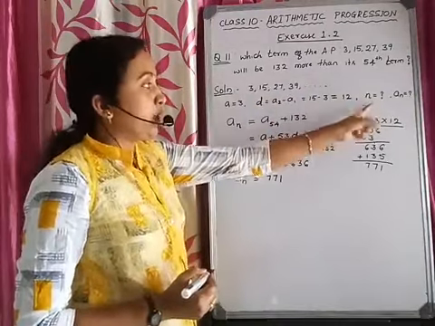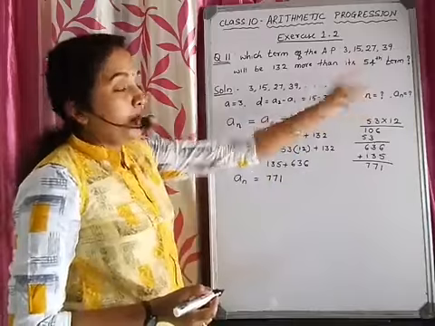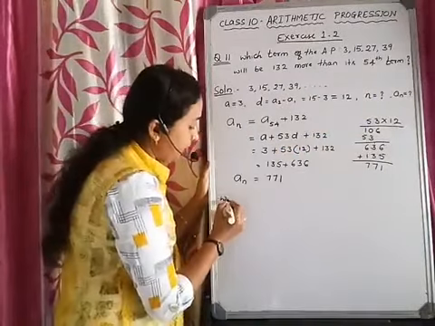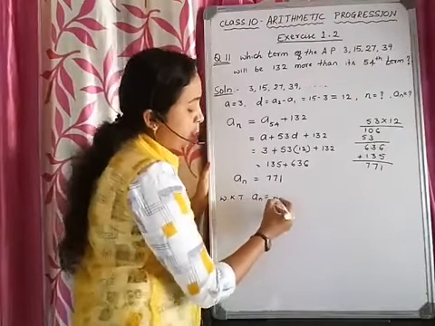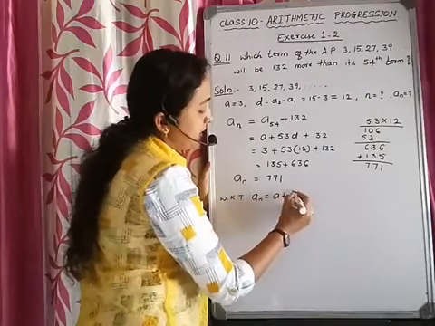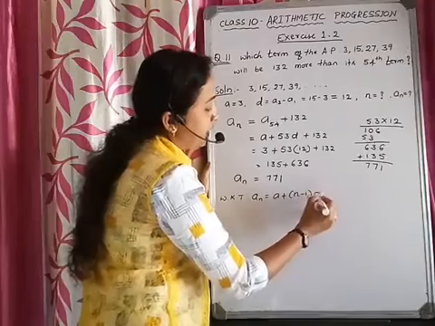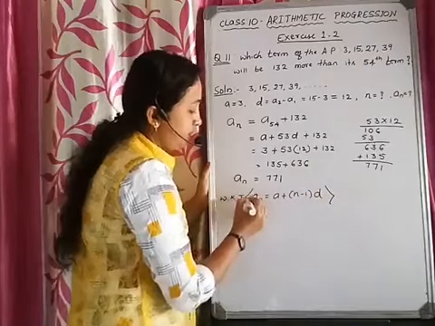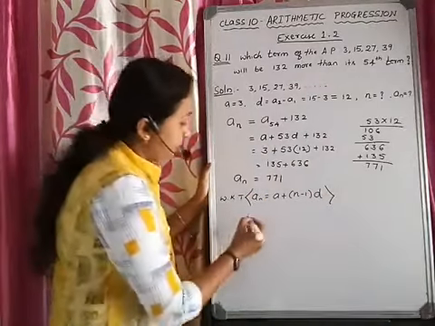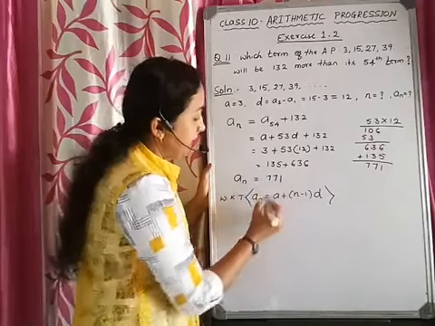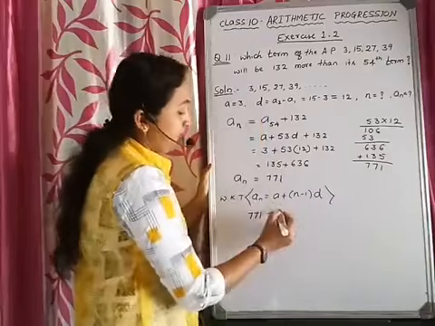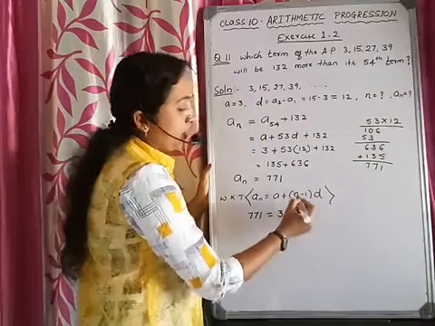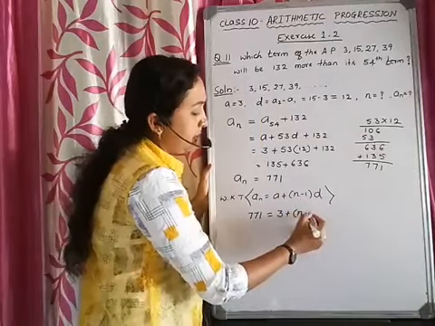Now we know the nth term, we know the first term, we know the common difference. Now it is easy to find the value of n. So we know the formula an is equal to a plus n minus 1 into d. Let us substitute the given data. An is 771, a is 3, plus n minus 1, we don't know n, keep it as it is.